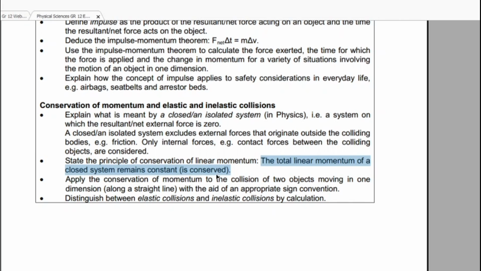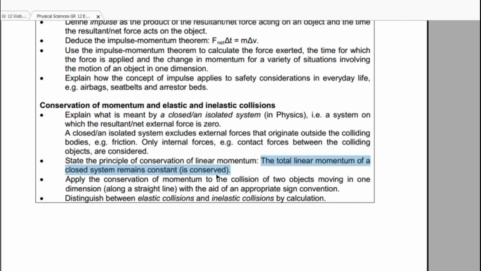So we will have maybe a situation where two objects are moving towards each other and then they collide, and then you will maybe be asked to calculate the change in momentum after the objects have collided, right?